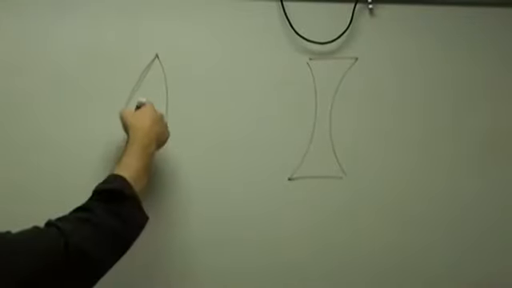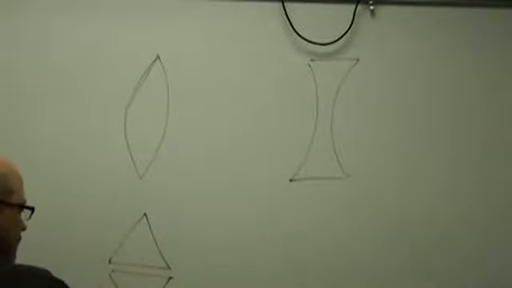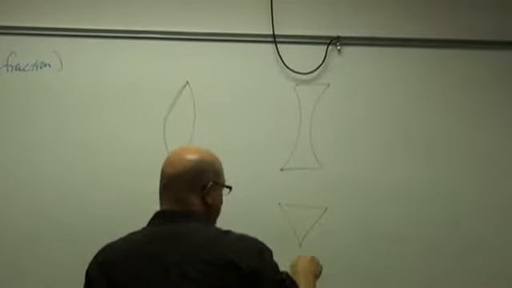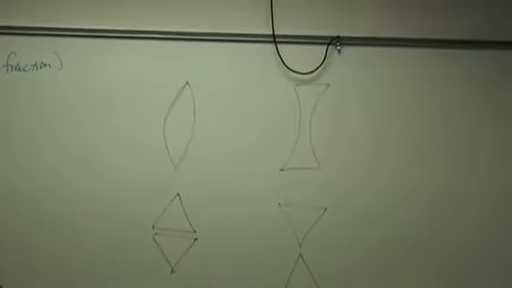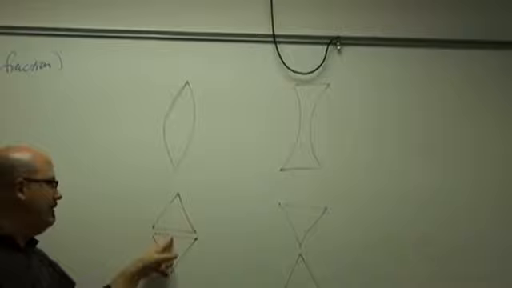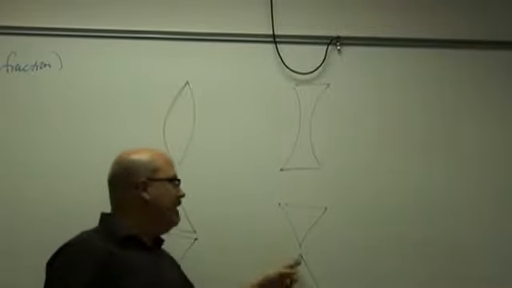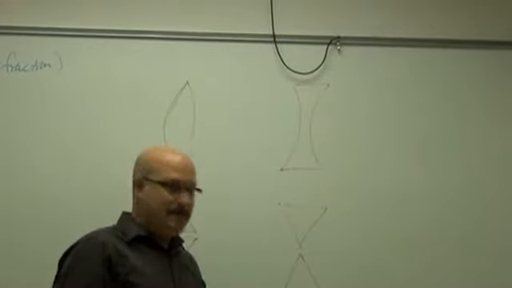This lens is essentially this, and this lens is essentially this. The hallmark of these two lenses is that this one is wide in the middle, skinny on the edges. This one is wide on the edges, skinny in the middle.